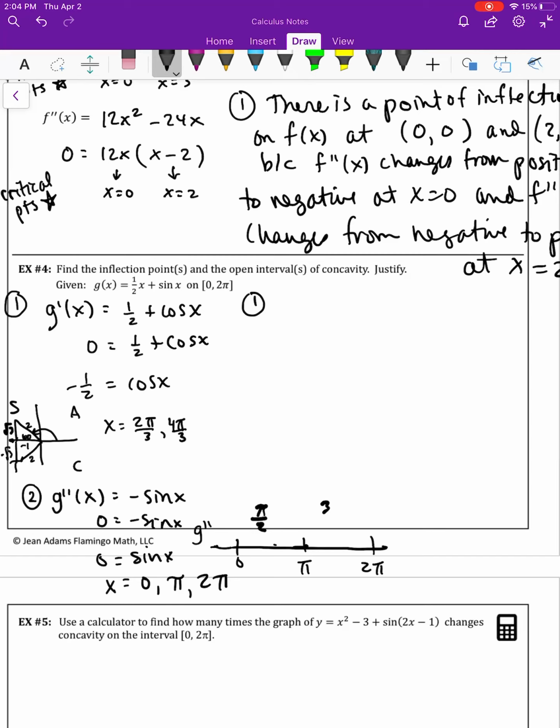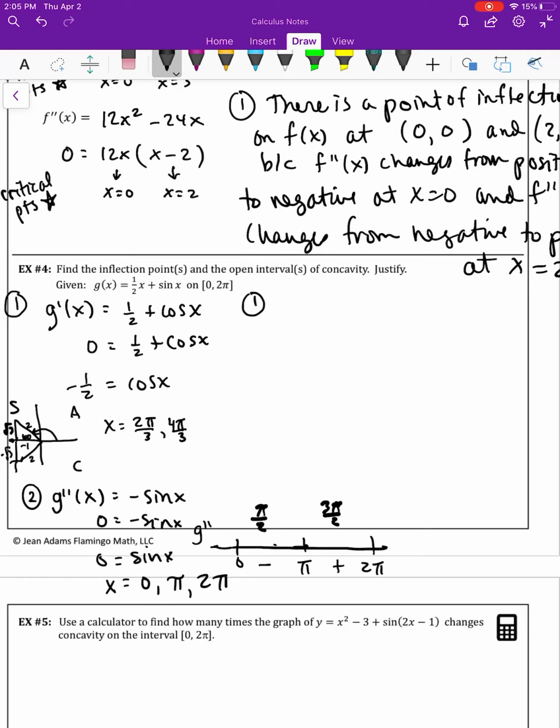I'm going to pick pi over 2 to test, and I'm going to pick 3 pi over 2 to test. And remember, here's your g double prime. It's negative sine x. So if I put negative sine of pi over 2, that sine of pi over 2 is 1. That's going to give me -1, so that gives me negative. If I put in sine of 3 pi over 2, it's -1 times a negative is a positive.